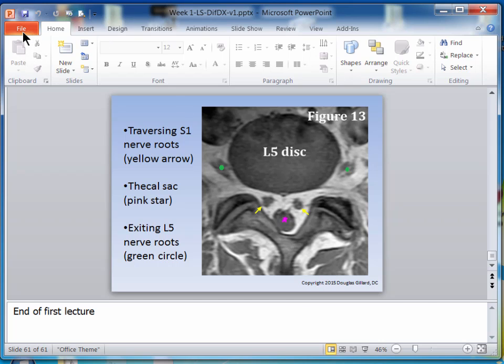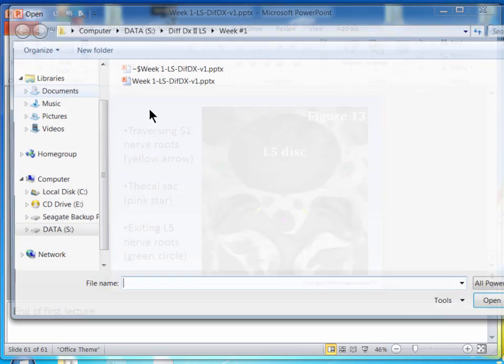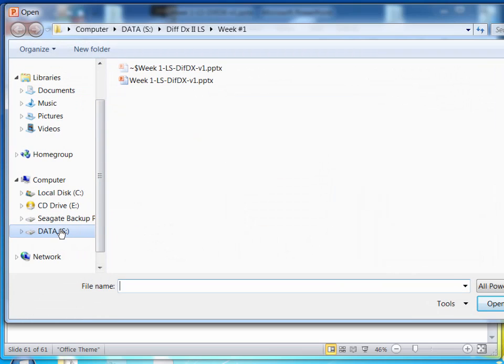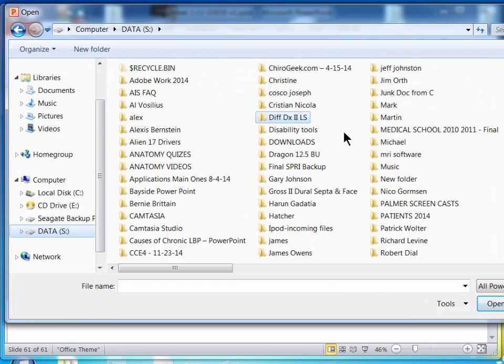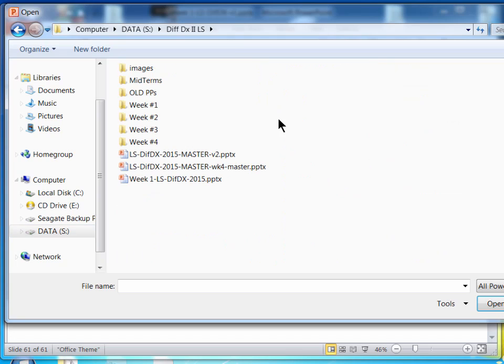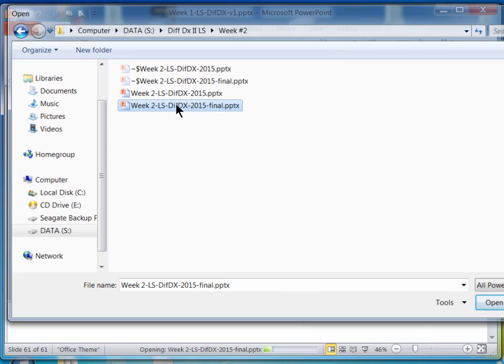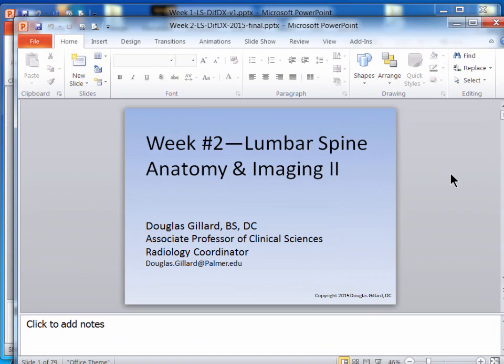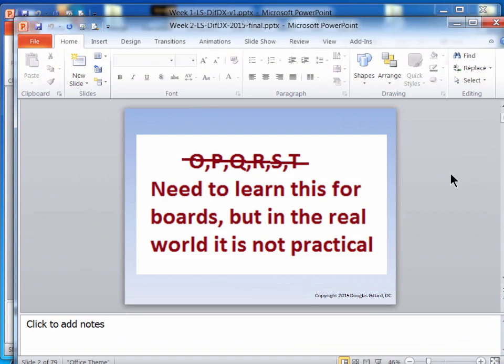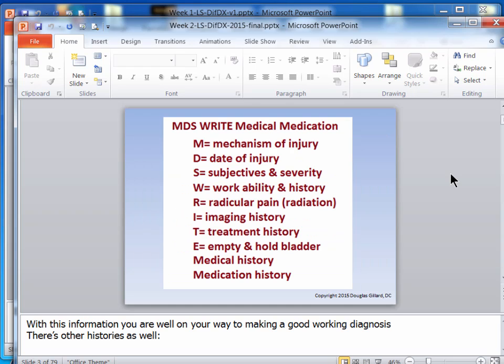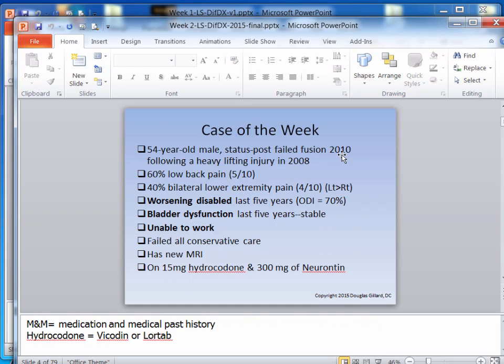Okay, let's see what else we can see here. Remember we added MD's, right, medical medication, because we want to know the progress. I added that one on there.